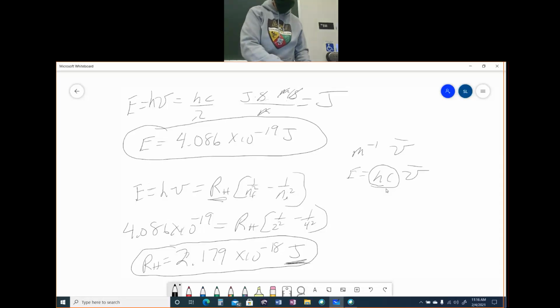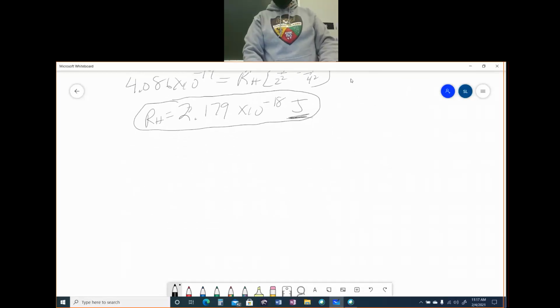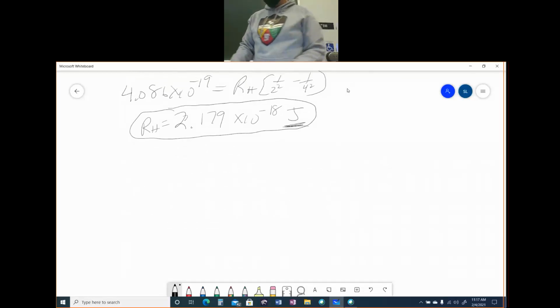That's 2.179 times 10 to the -18. All right, so it is interesting that your Rydberg constant would be given in both meters to the -1 and in joules, I believe.